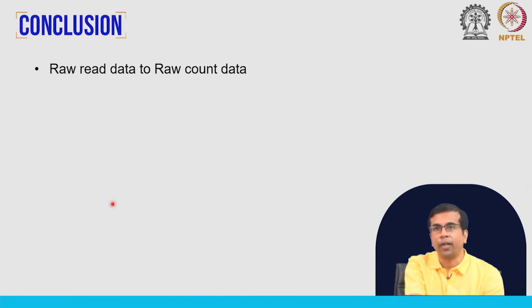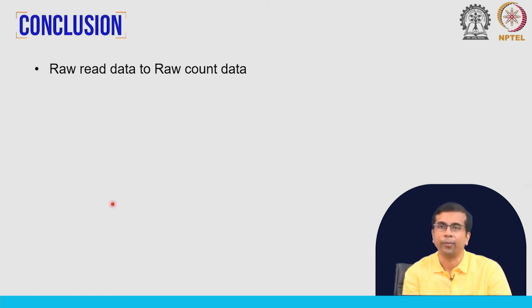What we have discussed is how we go from raw read data to raw count data. This is the quantification step in RNA sequencing, and it is a very important step. We now have the abundance of transcripts quantified in terms of numbers.